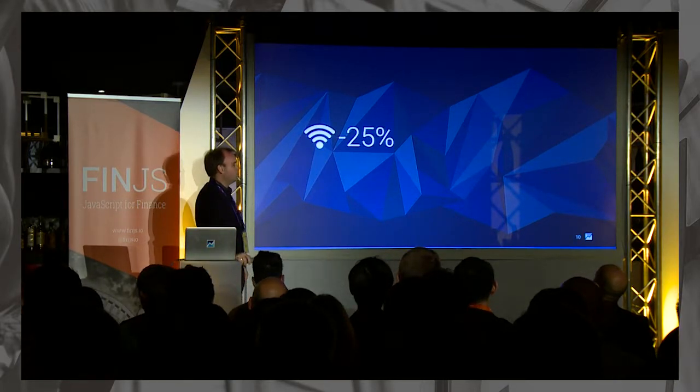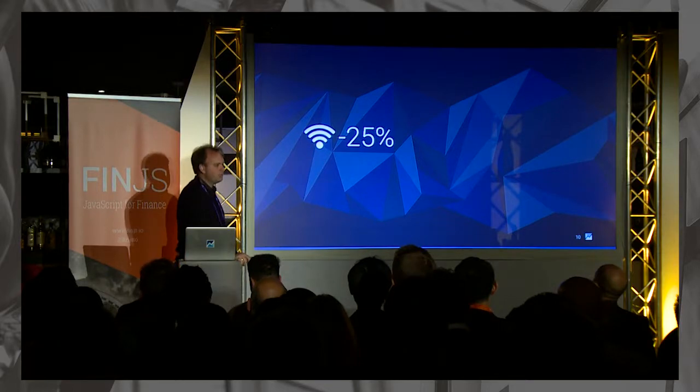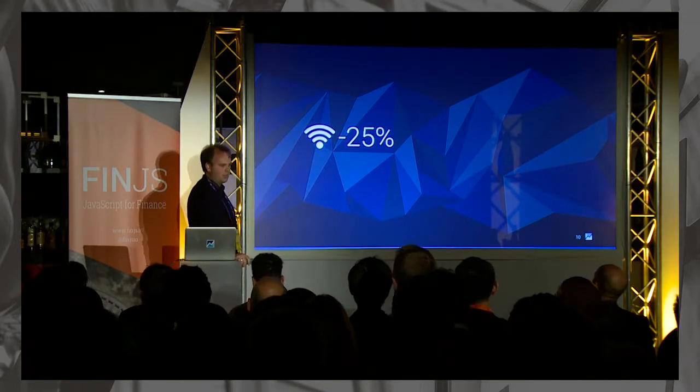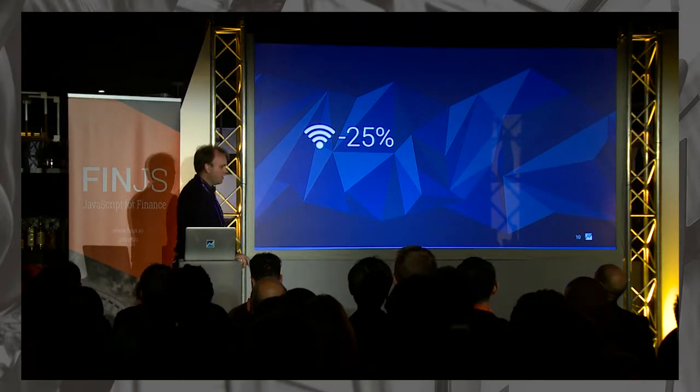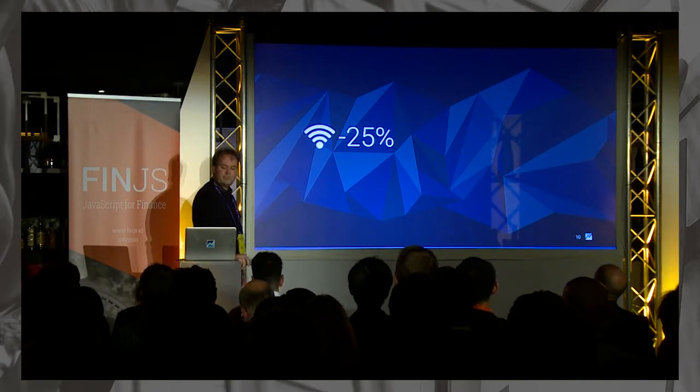Typically when we load data, we load 25% less over the wire than compressed JSON, which is a big win, as we don't need to compress our protocol because it's pre-compressed, we can call it.